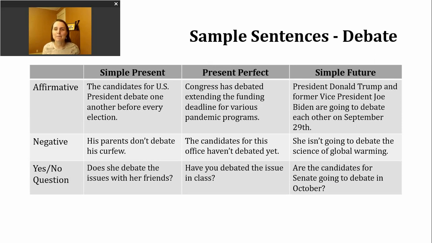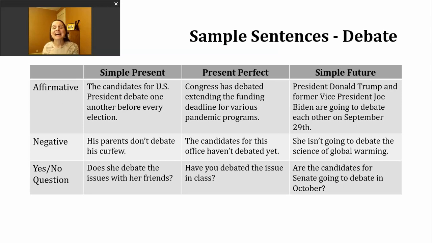President Donald Trump and former Vice President Joe Biden are going to debate each other on September 29th. So again, this goes back to that idea in the second definition we looked at, having this discussion in a public setting of particular issues.